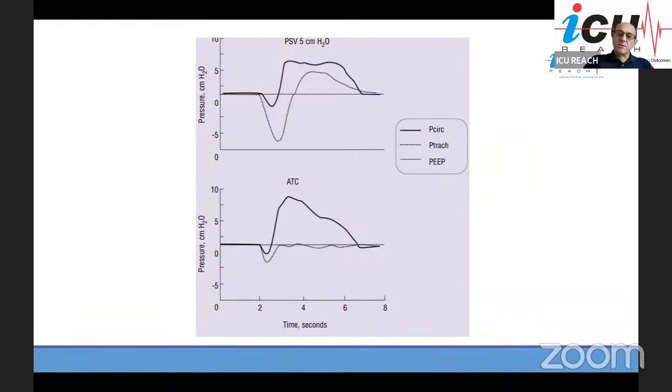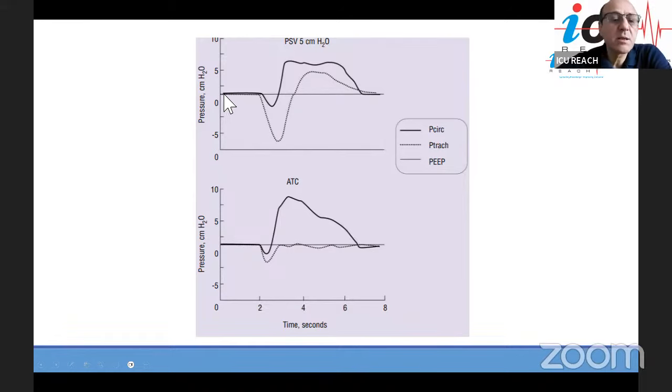And let's just see this. So in the top part here, what you see is pressure over time. The solid line is the pressure in the circuit. The dotted line is the tracheal pressure.